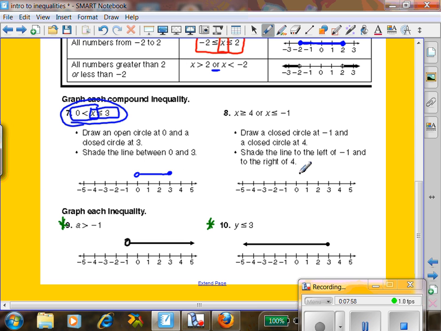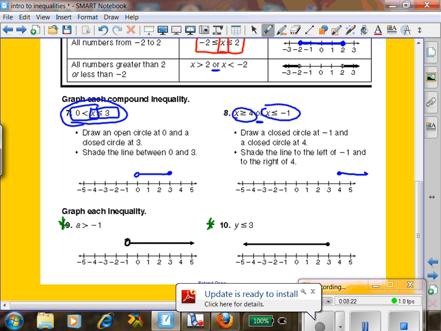All right, and then when we go to the "or" situation, this could be a possibility, or this is also a possibility. You're basically just graphing those separately on the same number line. So if x is greater than or equal to 4, that means I'm including the number 4, and I want everything greater than 4. Well, everything greater is to the right.